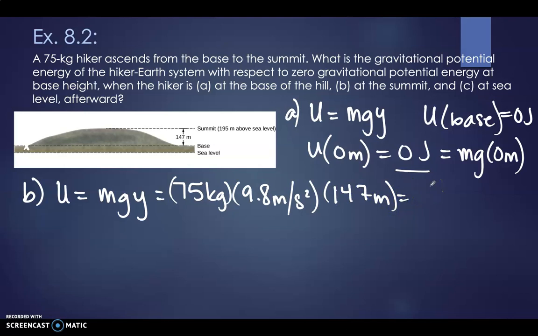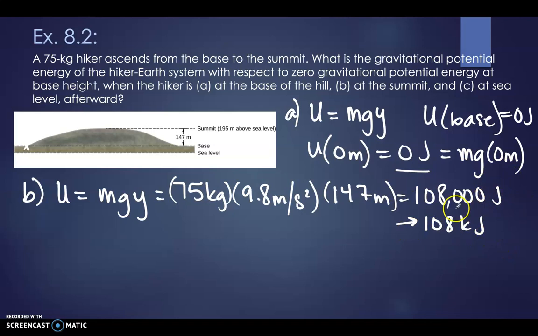Let me put that into my calculator really quick. 75 times 9.8 times 147. We get 108,000 joules, or we can say 108 kilojoules.